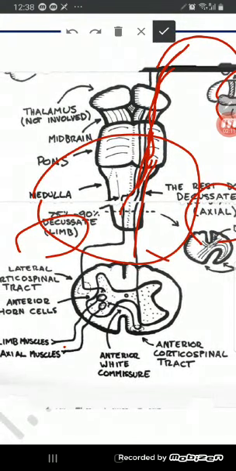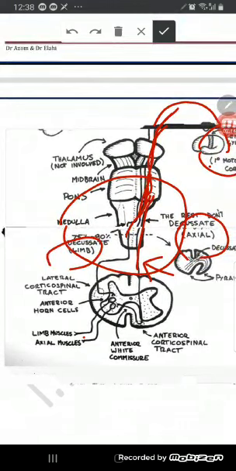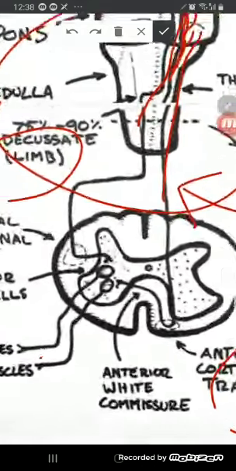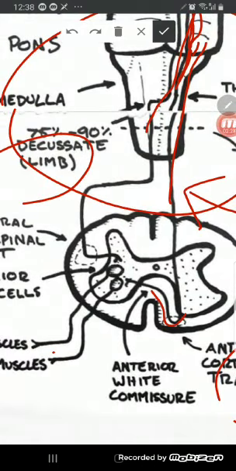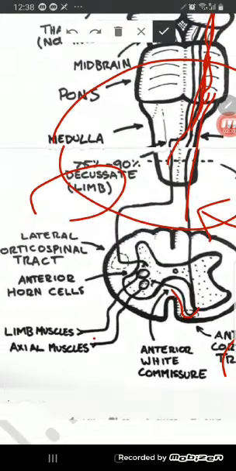The ones that have not crossed over are going to go down the anterior corticospinal tract, and then they will basically cross over. As you can see, they're crossing over, and then they're going to join in here.